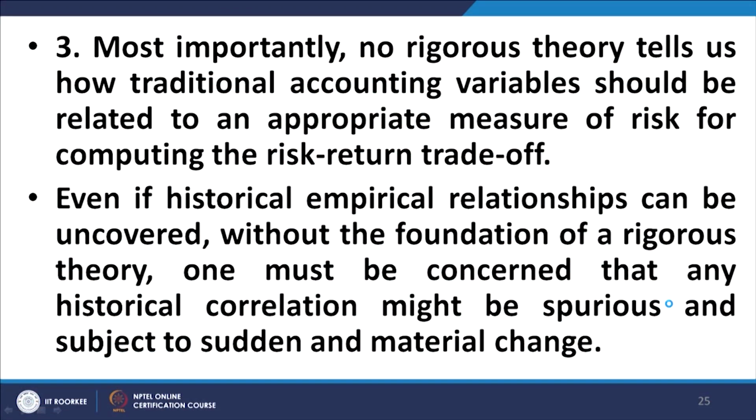So, no rigorous theory tells us how traditional accounting variables should be related to an appropriate measure of risk for computing the risk return trade off. Even if historical empirical relationships can be uncovered without the foundation of a rigorous theory, one must be concerned that any historical correlation might be spurious and subject to sudden and material change.